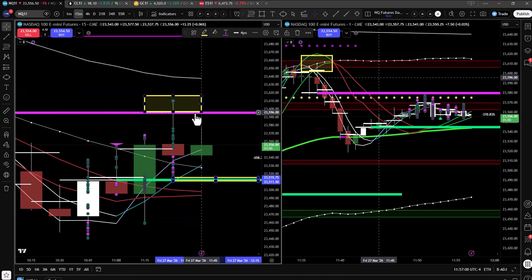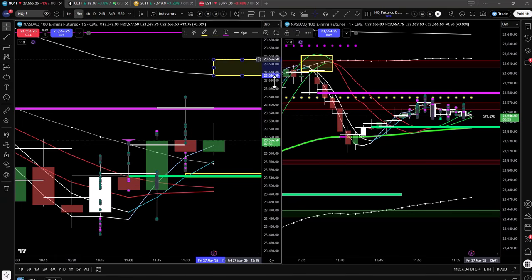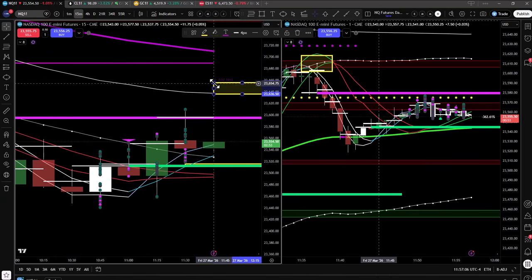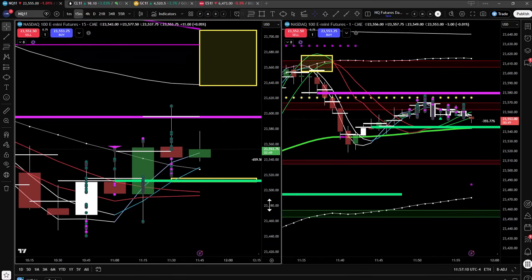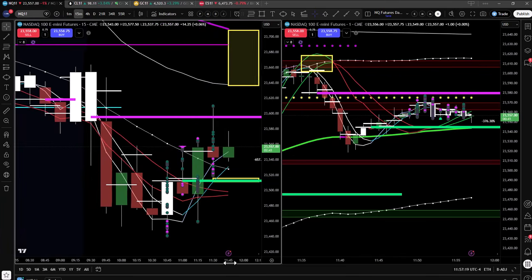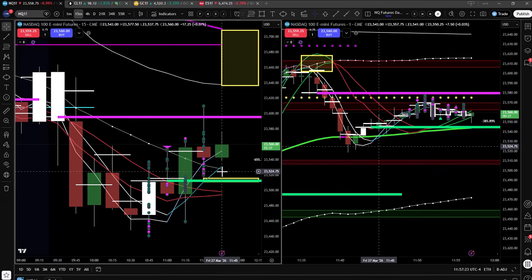If we break to the upside, I think 23,640 all the way up to maybe 9. So we got a huge window up here. Short term, we may get one more push to the downside. I wouldn't count on it being the mother lode sell off of the month anymore, just because we're back inside.